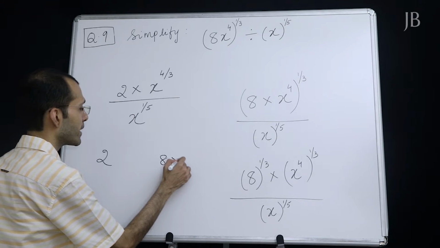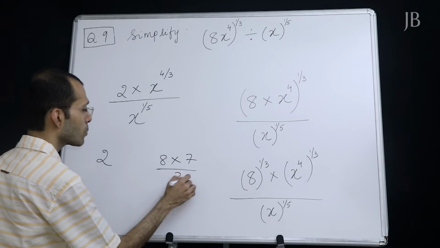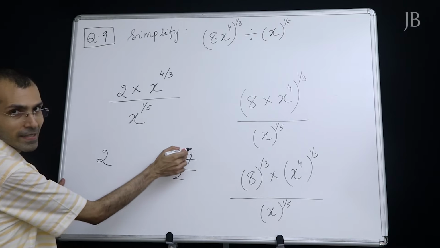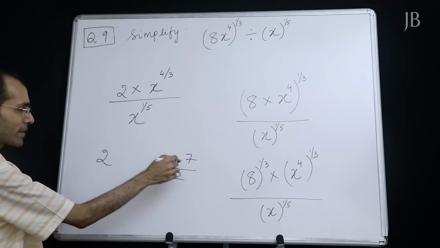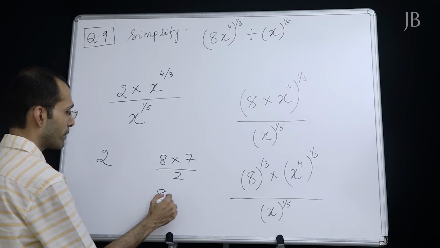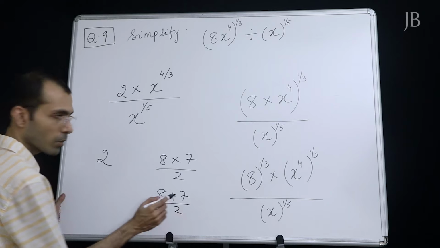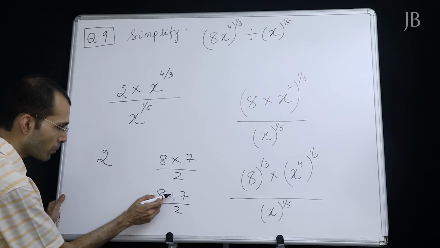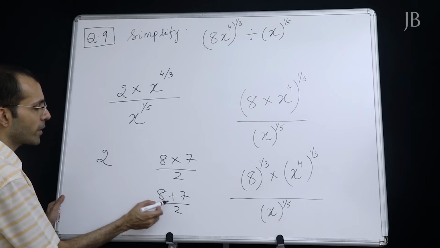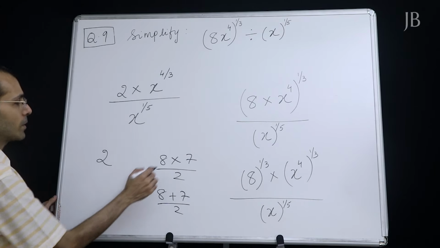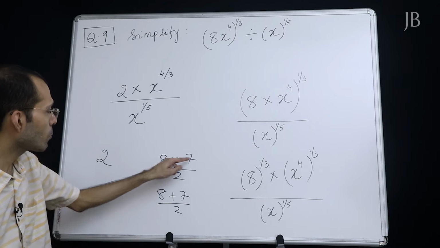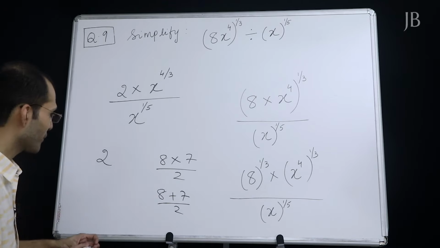Something if it is like 8 into 7 upon 2, so we can give 2 to 8, or we can give it to 7, not to both, if there is a multiplication sign. If there is a plus sign, if it was 8 plus 7 upon 2, then you can do 8 upon 2 plus 7 upon 2, and that is okay. Even if it is minus, you can do 8 upon 2 minus 7 upon 2. But if it is multiplication sign, then the denominator can be given to one of the two at a time.